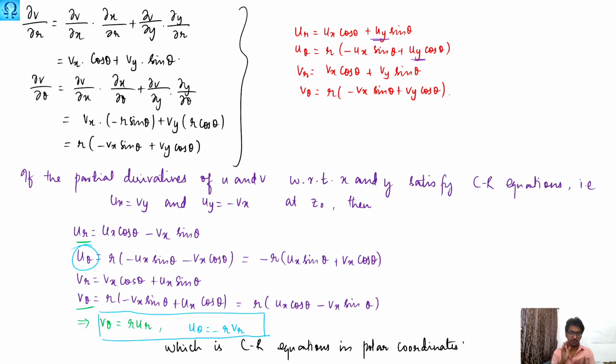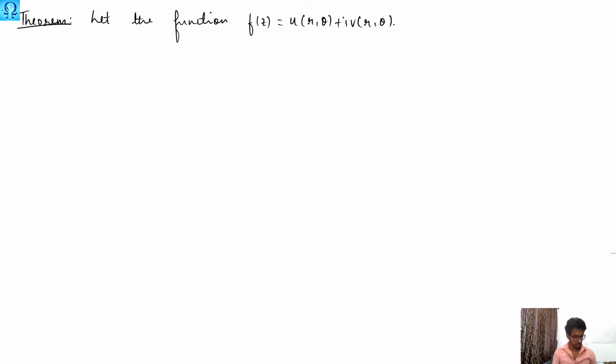So whatever we have done here can be stated as a theorem. So I am simply writing this as the theorem. You can just follow the theorem numbers consecutively. So this theorem tells you that let the function f of z be u of r theta plus iota times v of r theta.